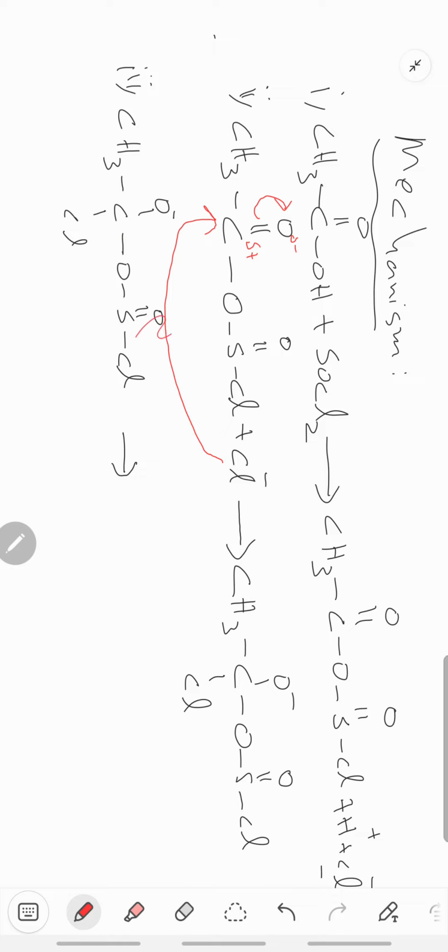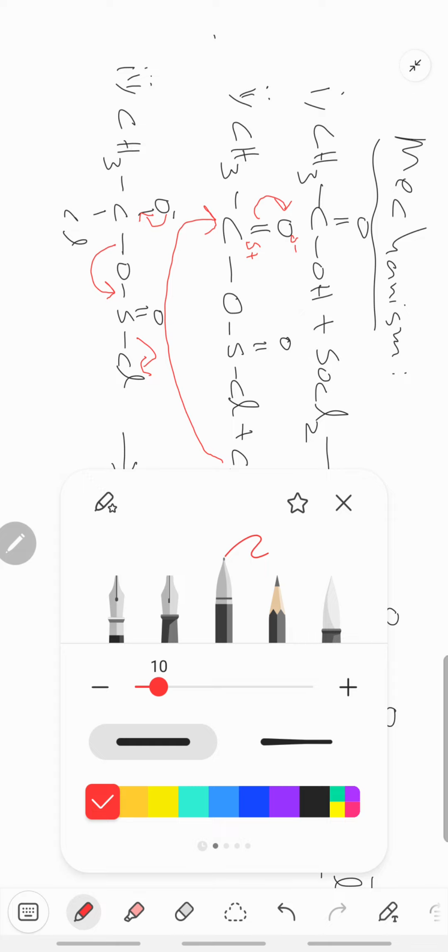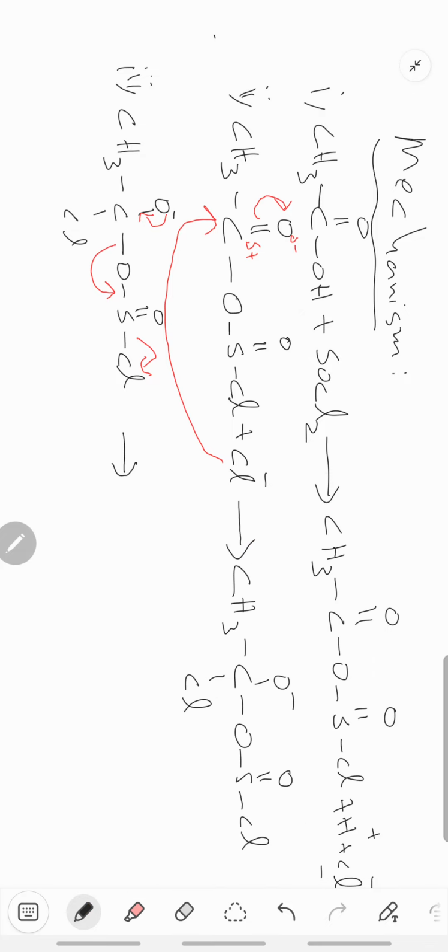This chlorine we will separate, and it will also get separated. SO2, we want to separate SO2, so it will get separated. Now carbon has the ability to form the double bond, so this one comes here. So what we will have is CH3C(=O)Cl.